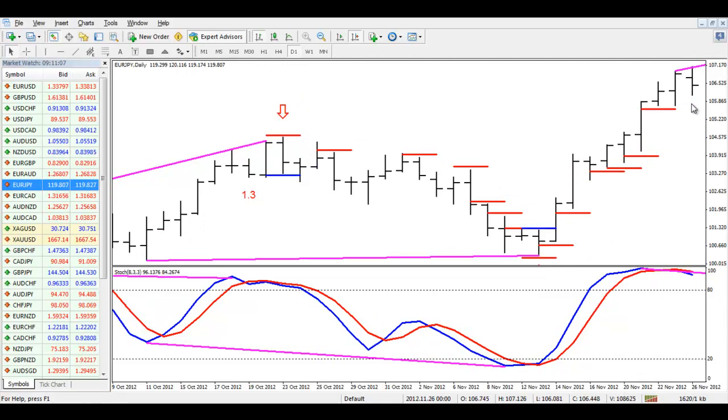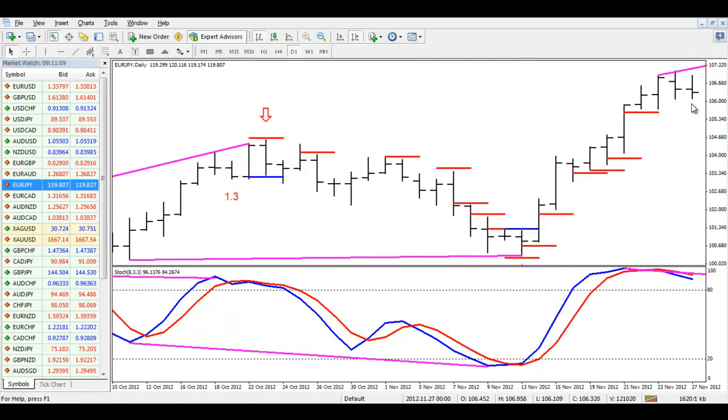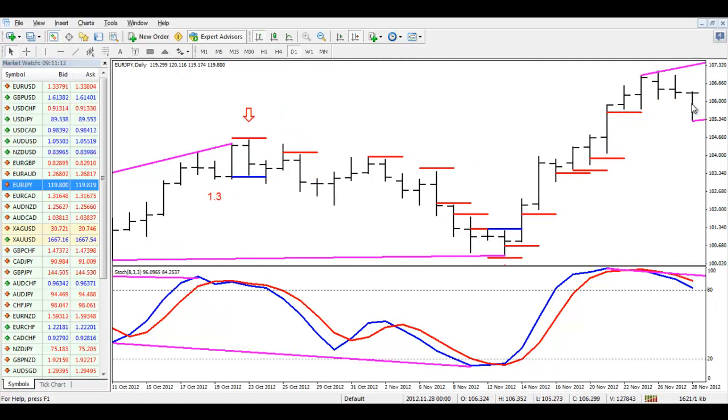A seller bar appears, therefore we do nothing. Another seller bar appears, do nothing.